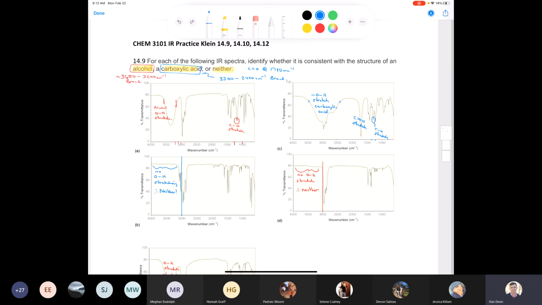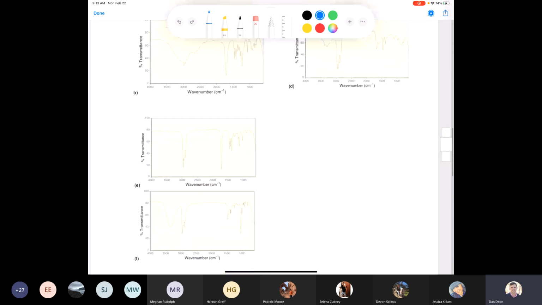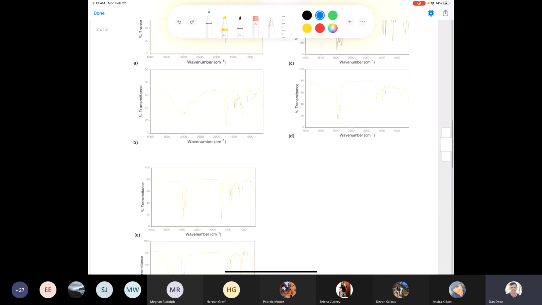So what we're going to do next class is we're going to spend the first half an hour looking at other problems of IR. We'll find some more problems, or maybe we'll look through the problems that I even have the guided solutions for. Quickly, we could do that. We'll look through the rest of these problems. I have some other problems here. Make sure to take a look at 1410 and 1412, okay? So let me go back to my screen or my camera.